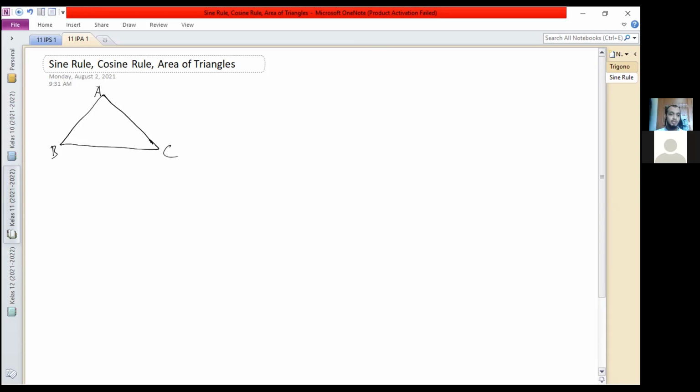For example, in front of angle A, you put the small a, and in front of angle B is small b, and in front of angle C is small c. It doesn't have to be like this, but this is the standard, to make it easier to write down the formulas.